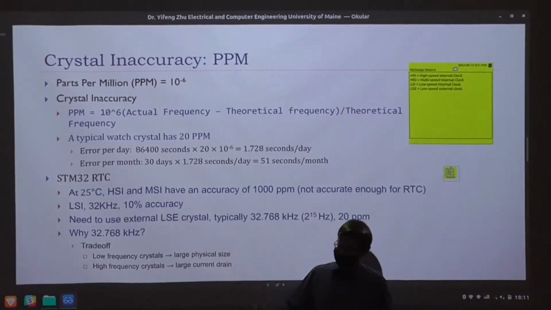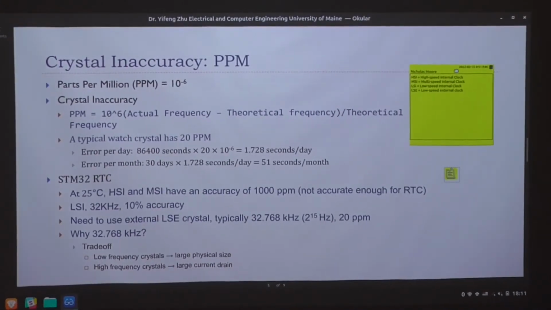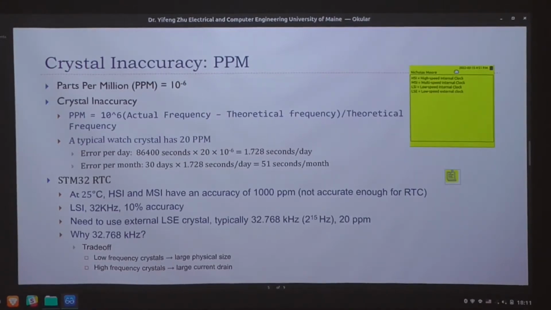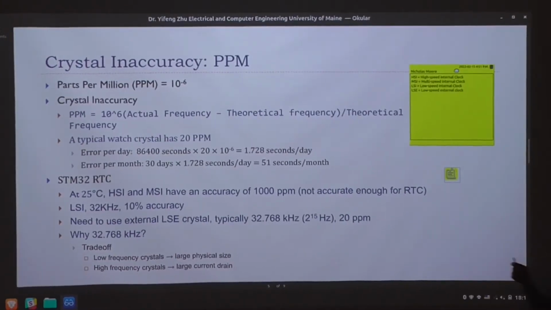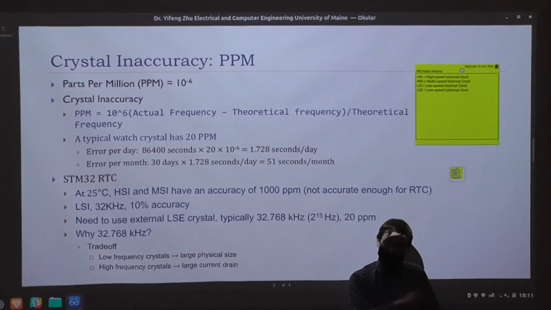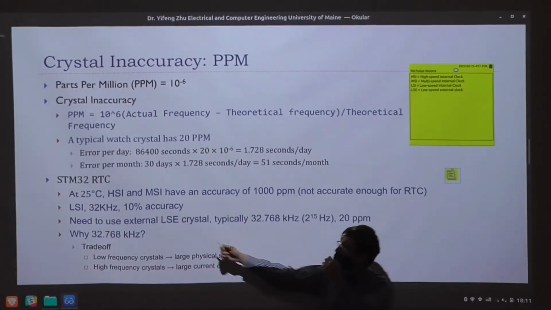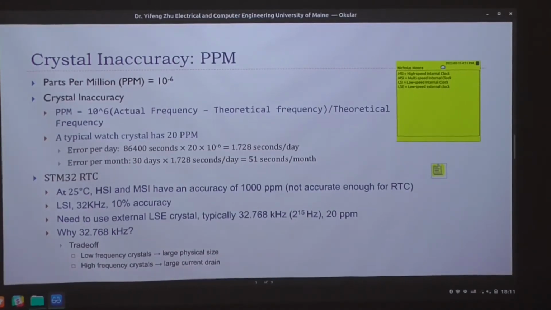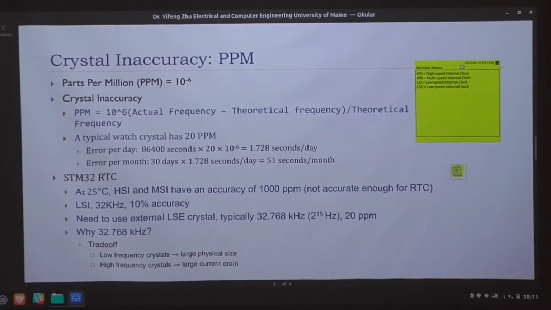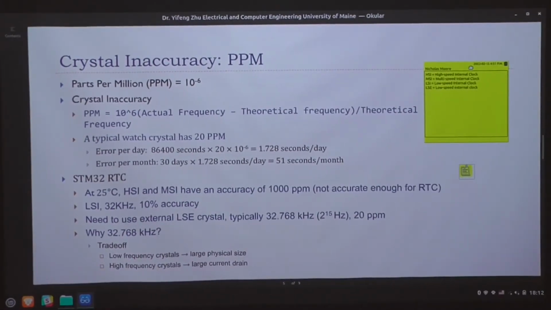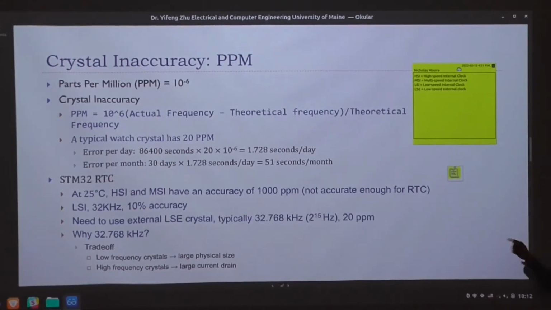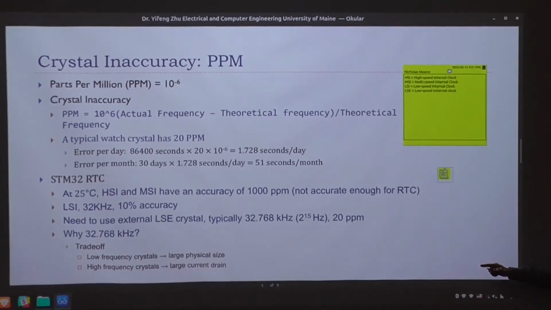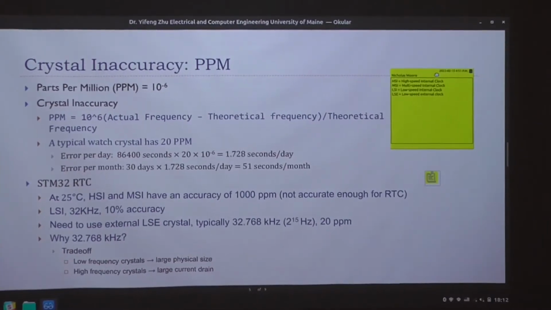High-frequency crystals, on the other hand, they have a larger current drain. So the question is, if we want a super accurate clock, why use low speed here instead of high speed? And the answer comes back to power consumption. Remember that this thing is being powered by its own internal battery. The higher the current draw on the oscillator crystal, the less time your battery is going to last.